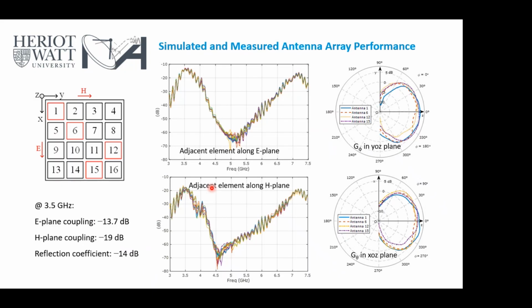So for the E plane, we have a coupling level around -13.7, and that also gave us the highest coupling level. For the H plane, it is lower, around -19, and reflection coefficient -14 dB. Here we also have the pattern measured and shown on the right.